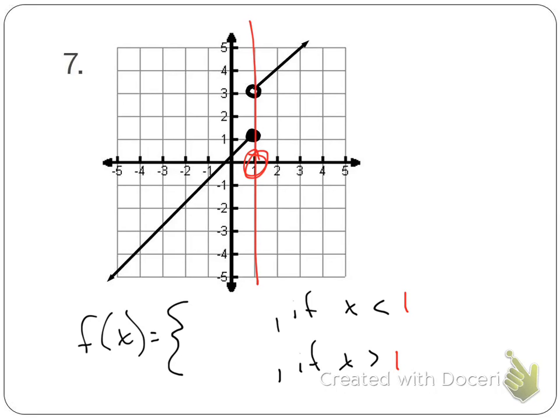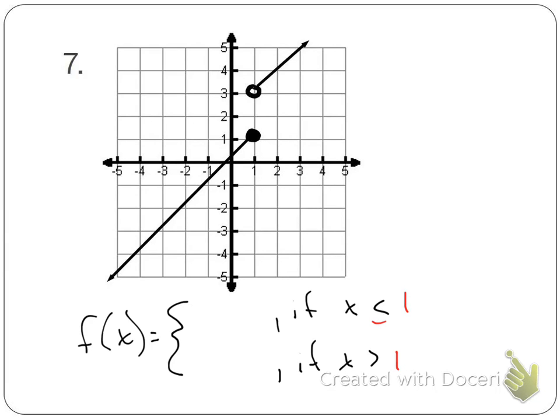The closed circle is attached to the less than side. So the less than inequality needs to have the equal sign. So less than or equal to 1. Now that we've established that, we want to go in and write the equations of these lines. That's the last part that we need.